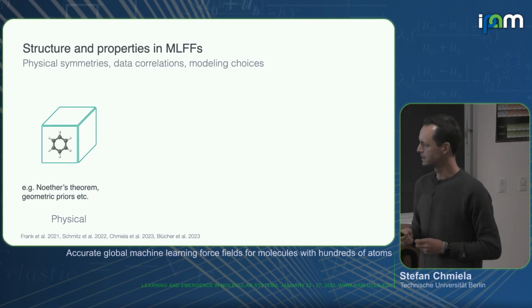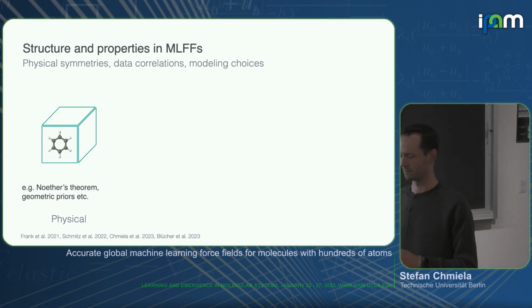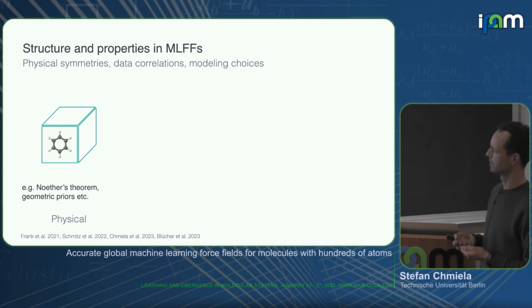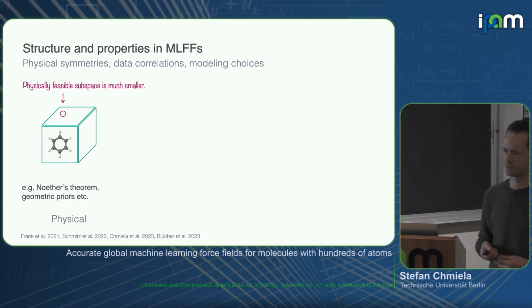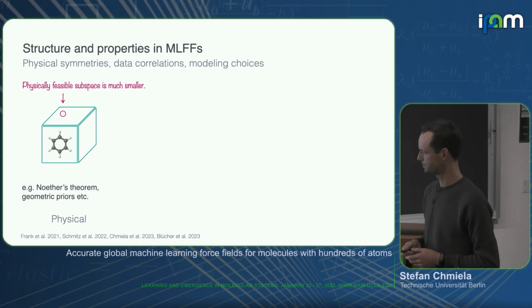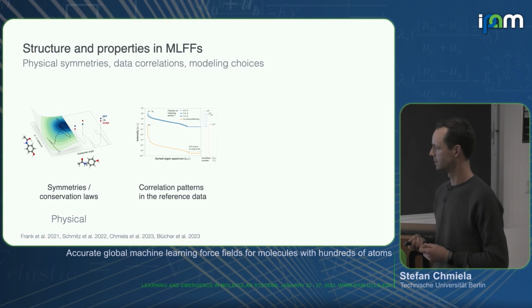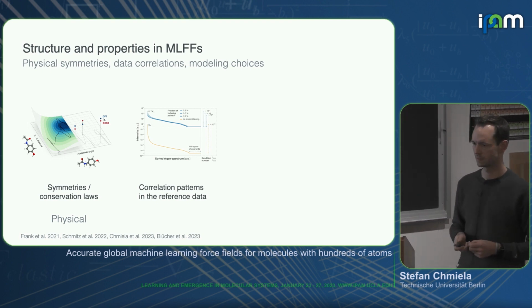Obviously, the motivation for this is that if all atoms interact, this creates an exponential state space, and this exponential state space is hard to manage, except if we only look at physically feasible configurations, and then it becomes very manageable. So today I want to focus on correlations in the data itself that also yield structures and patterns that can be exploited.